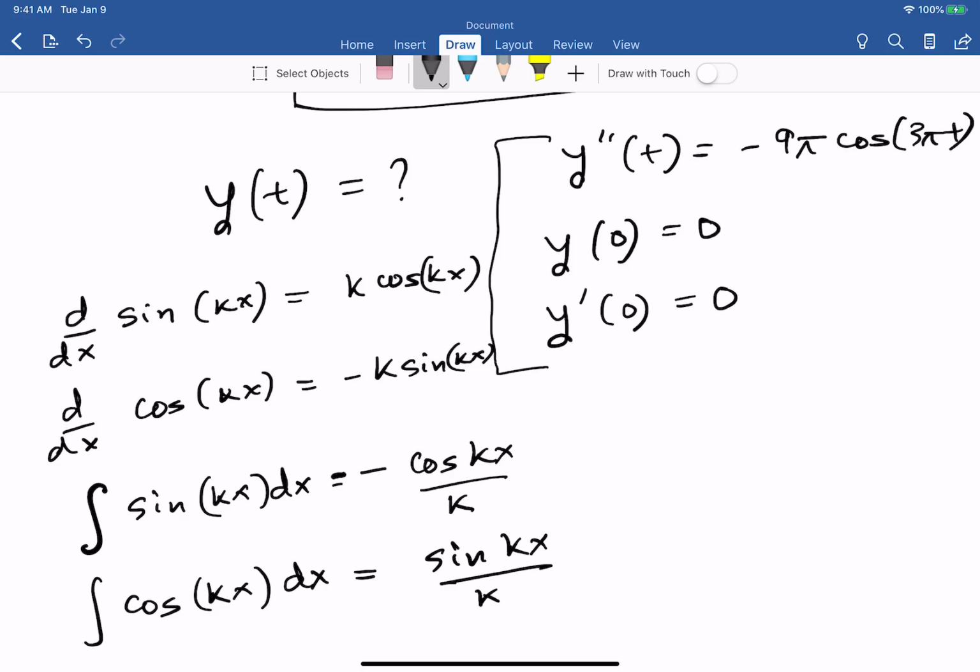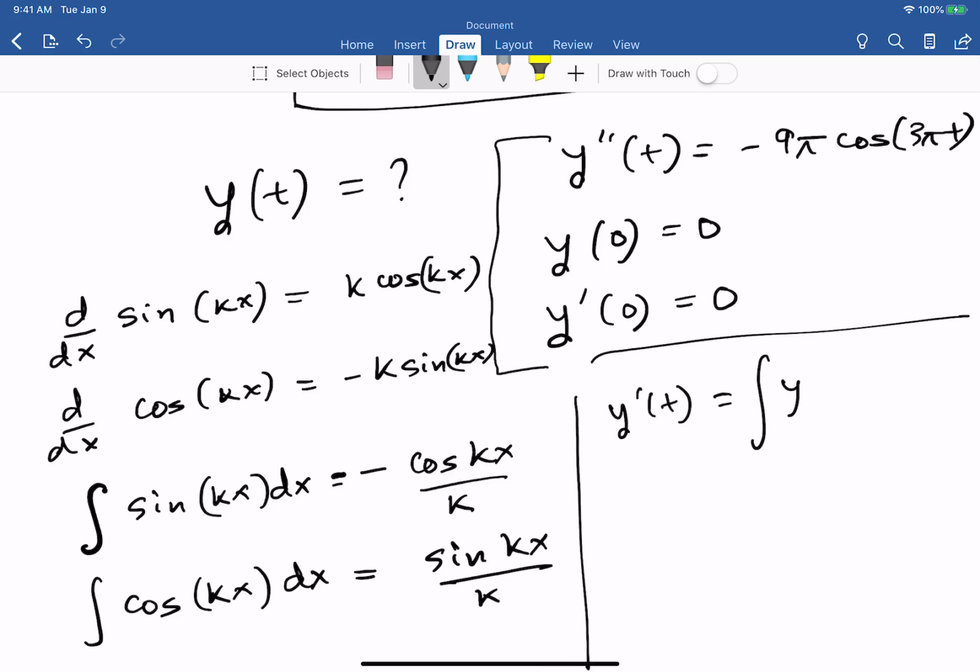Okay, so that's all that we need in order to do this problem. So let's start with integrating y double prime once. That would give us y prime of t. If you integrate it, y prime of t would be the integral of y double prime of t with respect to t, right? There is one other subtlety here.